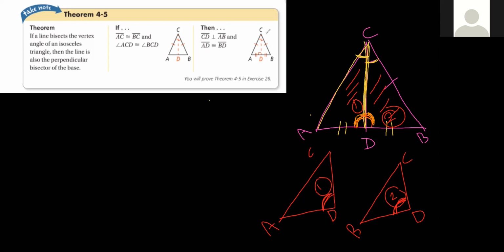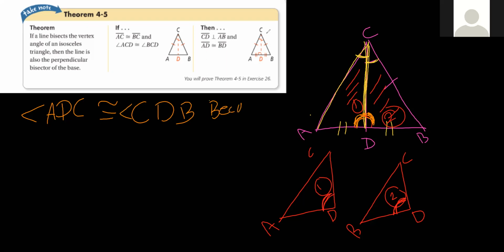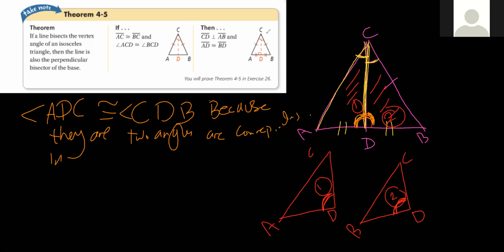So I can say now that the angle ADC is congruent with the angle CDB, because the two angles are corresponding in congruent triangles.